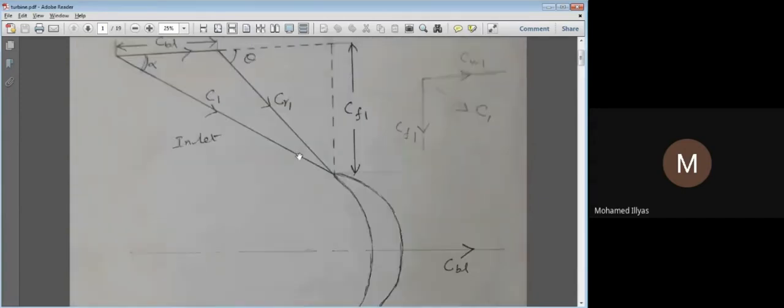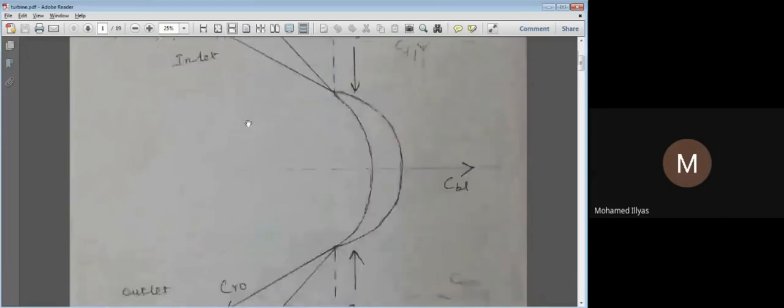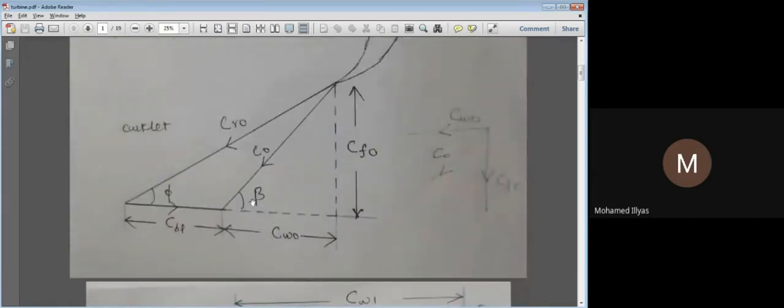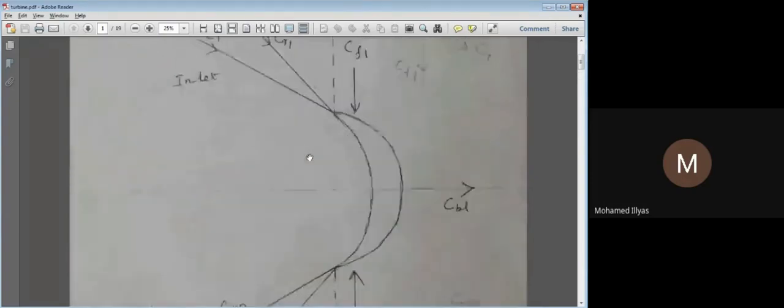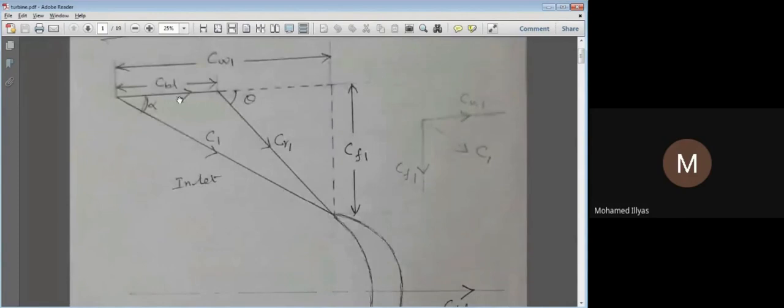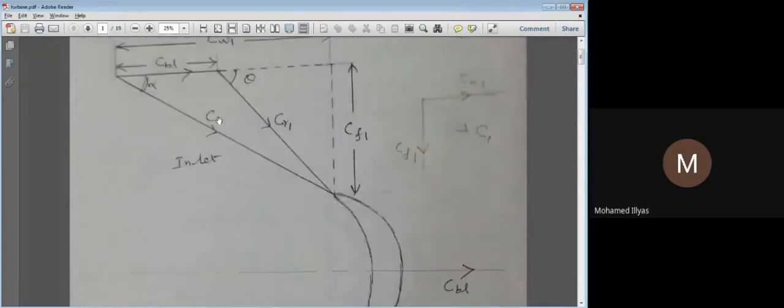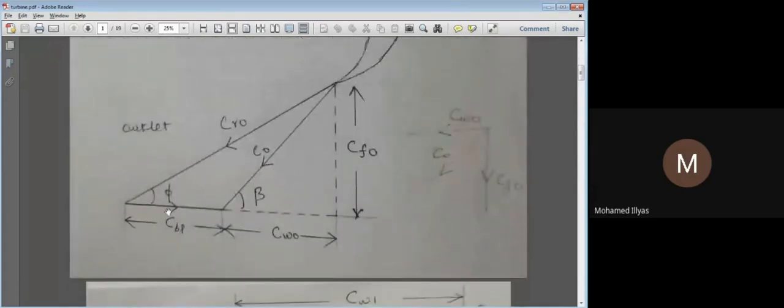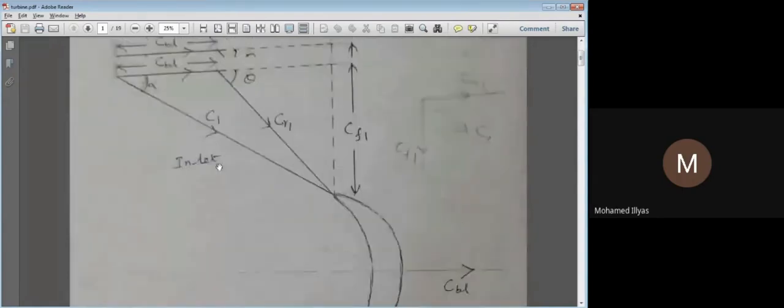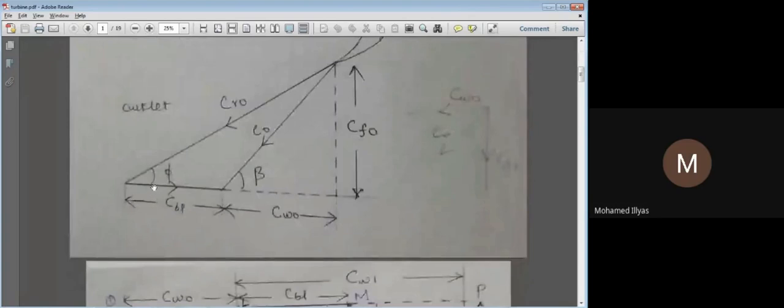C1 makes an inclination of alpha with the horizontal, and CO makes an inclination of beta with the horizontal. Now, CBL will never change because it is the linear velocity of the blade. Wherever it goes, it will be the same, with the same direction, the same horizontal line, and the same length. So I have CBL and CO.